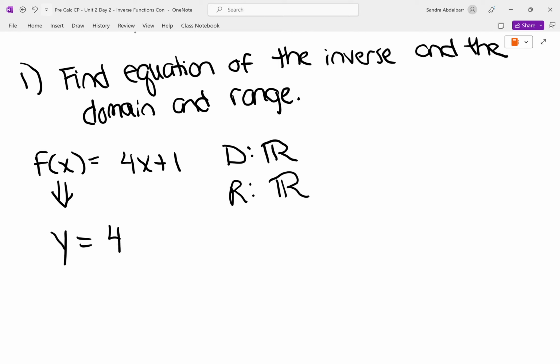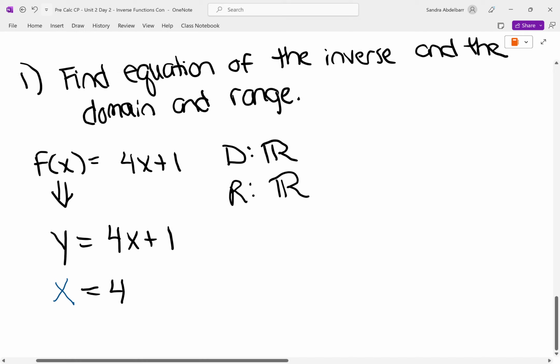So this is really y equals 4x plus 1. So now I'm telling you switch x and y. So I'm going to say x equals 4y plus 1. I switched x and y.